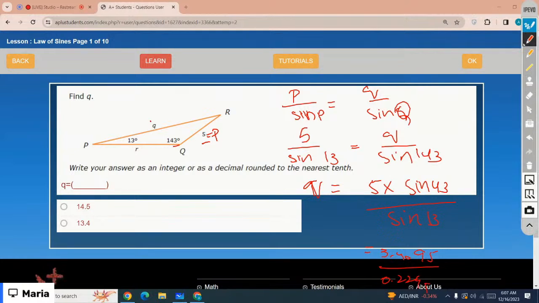Just divide: 3.4095 divided by 0.2249 equals 14.5. The correct option is 14.5.